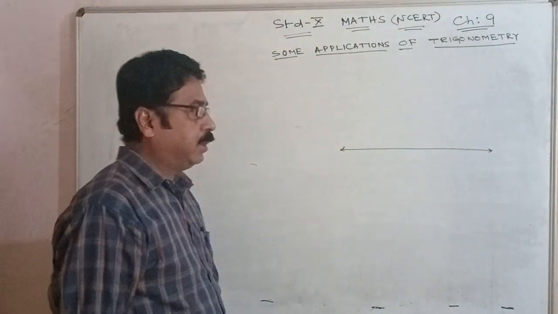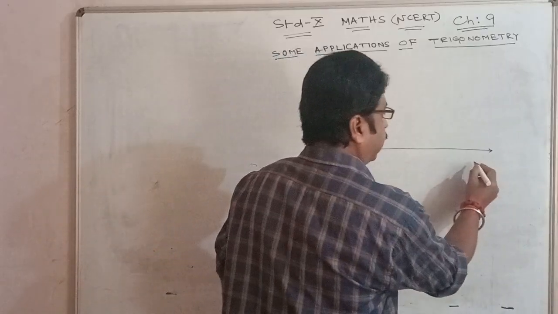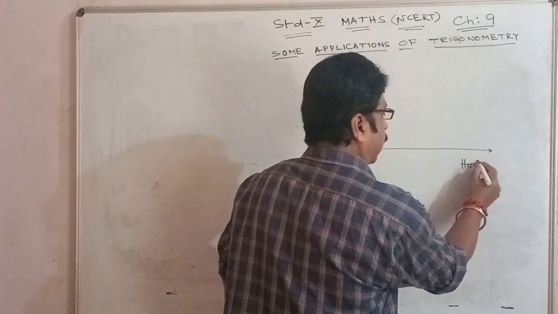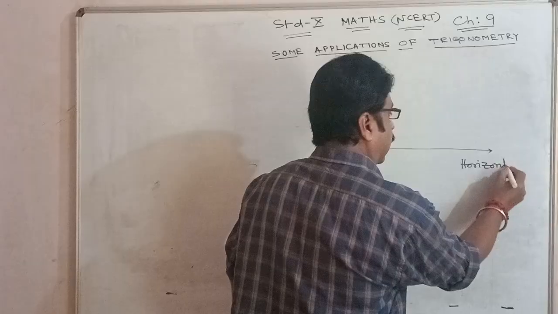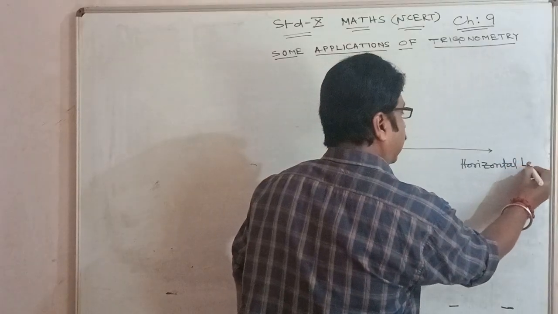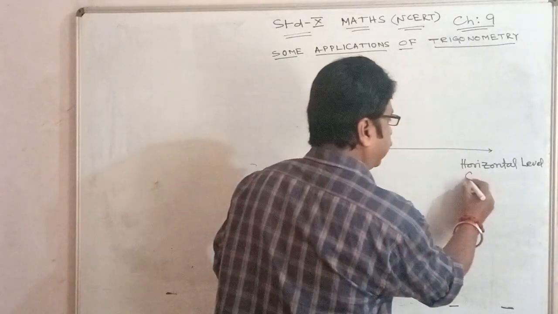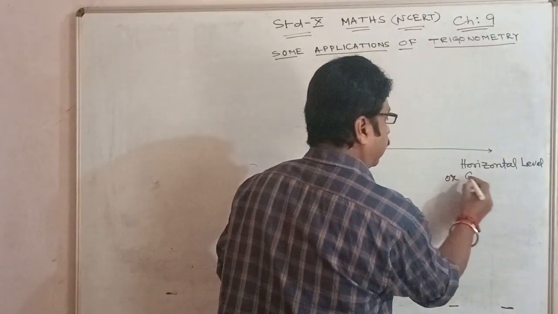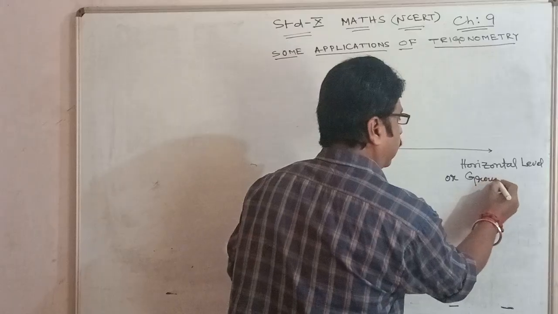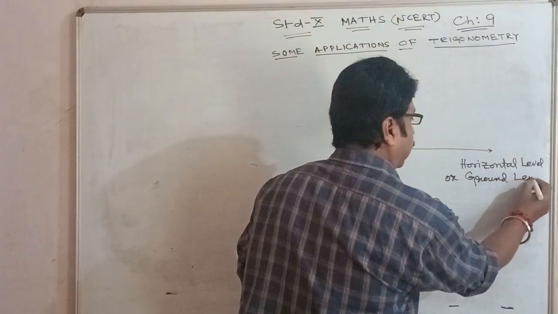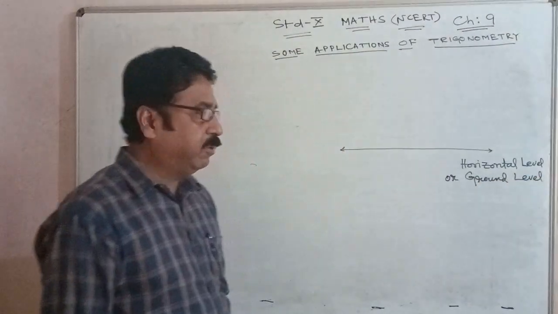This is a line, we can say it is horizontal level or ground level.